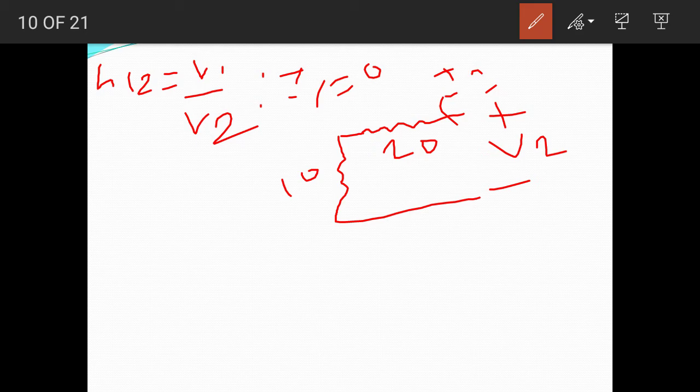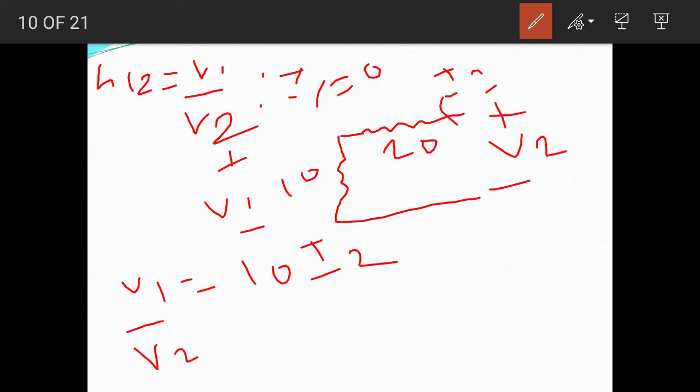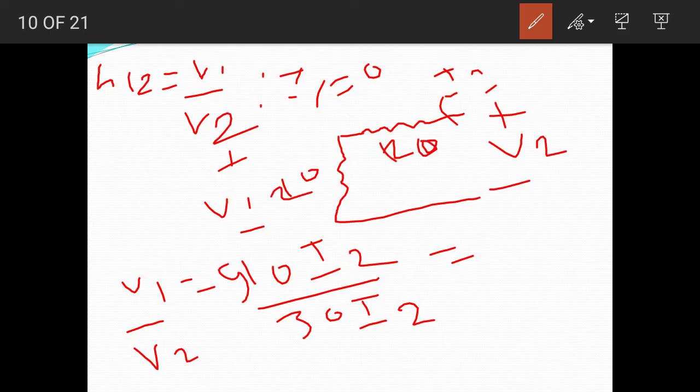So V1 is equal to 10 I2 and V2 is equal to 30 I2. So V1 upon V2 is equal to 20 I2 upon 30 I2. So the ratio of V1 upon V2 is 2 upon 3, that is equal to H12.